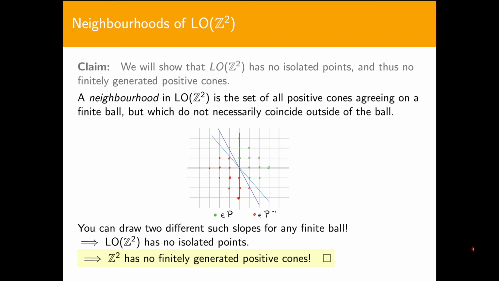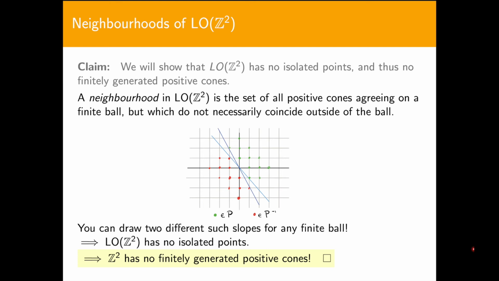These slopes have a choice of orientation, which is that everything above the slope is in the positive cone. And so for this ball, I have two slopes with a choice of orientation, therefore two positive cones which agree with this ball, but these two slopes are clearly different, and they will clearly disagree outside of this ball on whether an element is positive or negative.